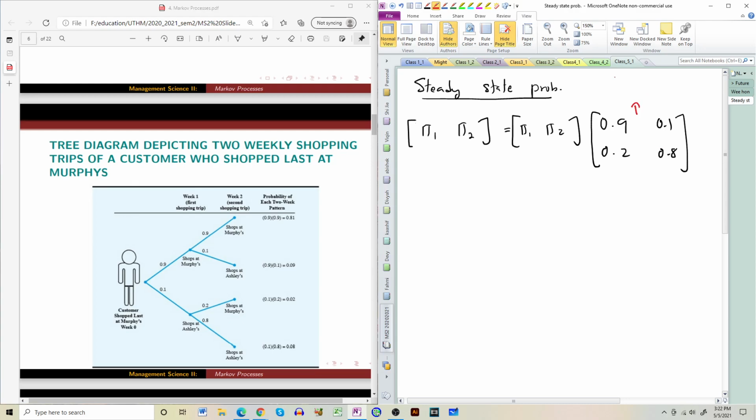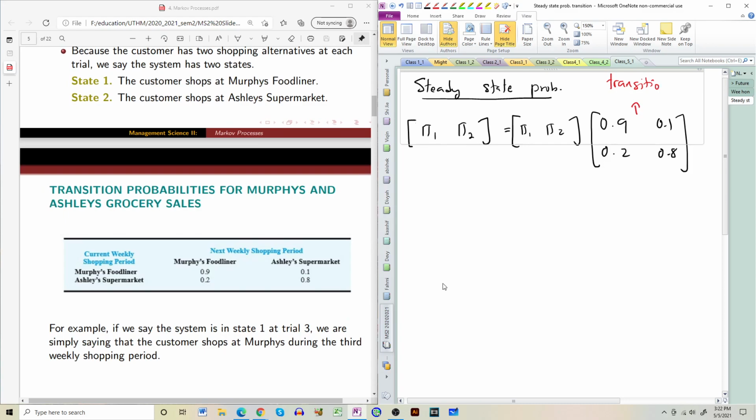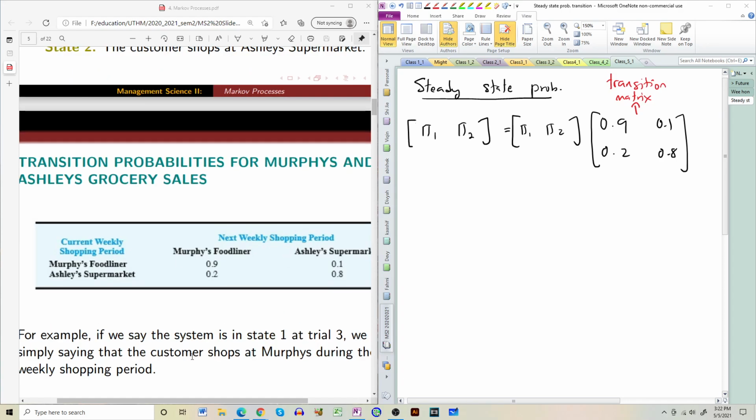This is known as the transition matrix. Where do I get this transition matrix? From the transition table here.